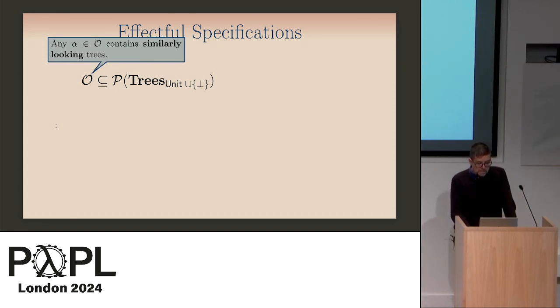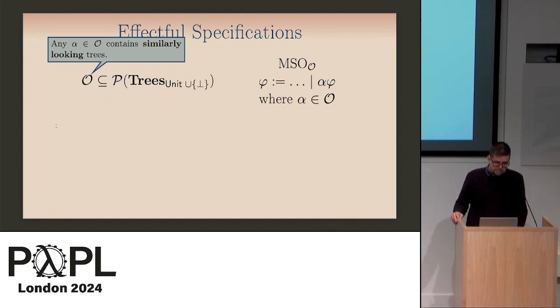And each of these elements, each alpha, is then a property we want to check about our programs, and it becomes a modality in MSO.